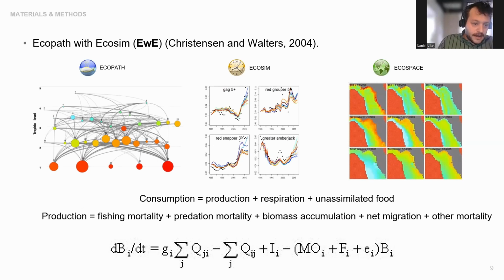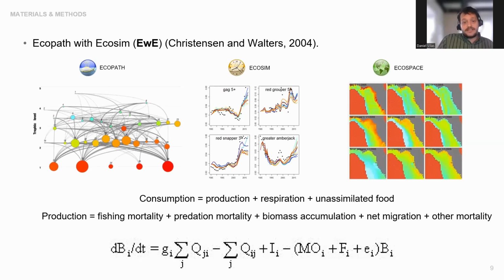We have the Ecopath, that is the static version of the system. Species and functional groups are represented and connected through the interchange of organic matter and energy. And these models are ruled by two main equations here, the consumption, the first line, and the second line, the production.